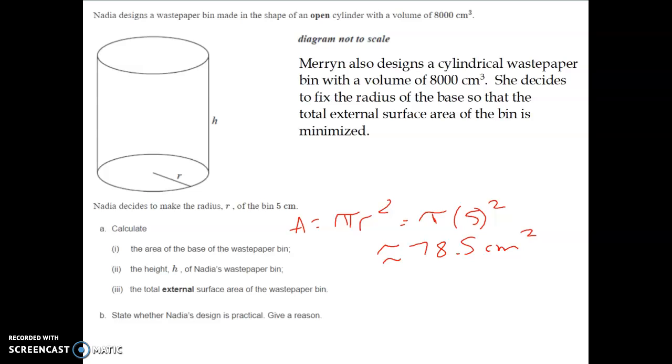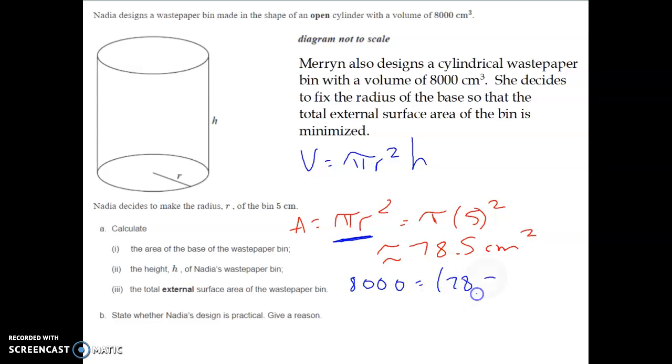Okay, so part B says find the height of Nadia's waste paper bin. Well, I know a couple things about the waste paper bin. I know that it is a cylinder, I know its volume, and I also now know the area of the base. And I remember that the formula for volume, I'm going to write it up here where I have more space, is the area of the base times the height. Well, height is what they're asking me for, so I have everything I need. Volume is 8,000. Pi r squared is exactly what I have right here.